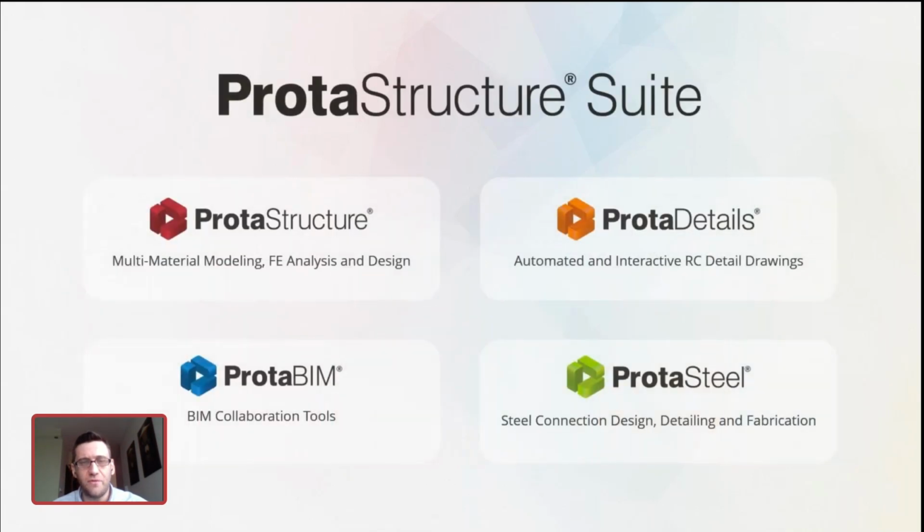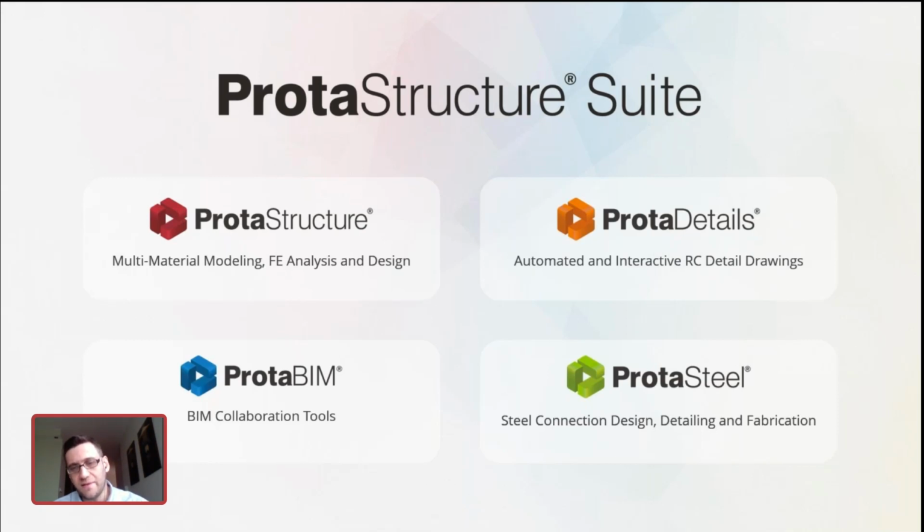ProtaStructure consists of 4 different softwares. The first one is ProtaStructure, where you can model, analyze, and design your members. Then you can export this model to Prota Details, and you can obtain your RC detail drawings.